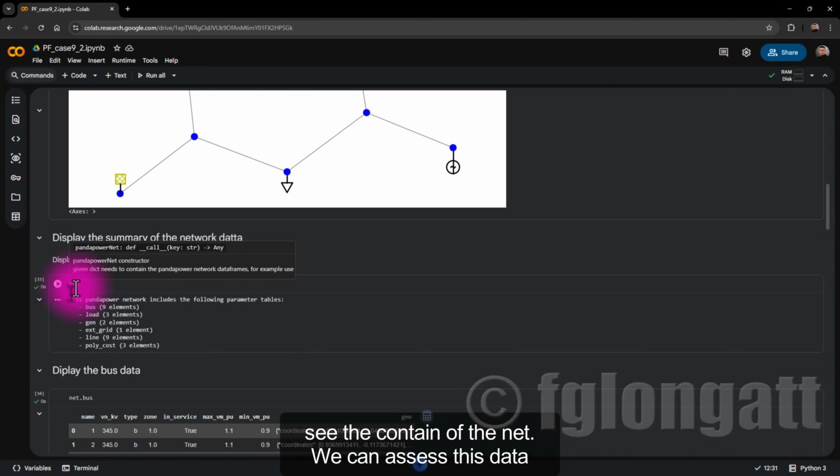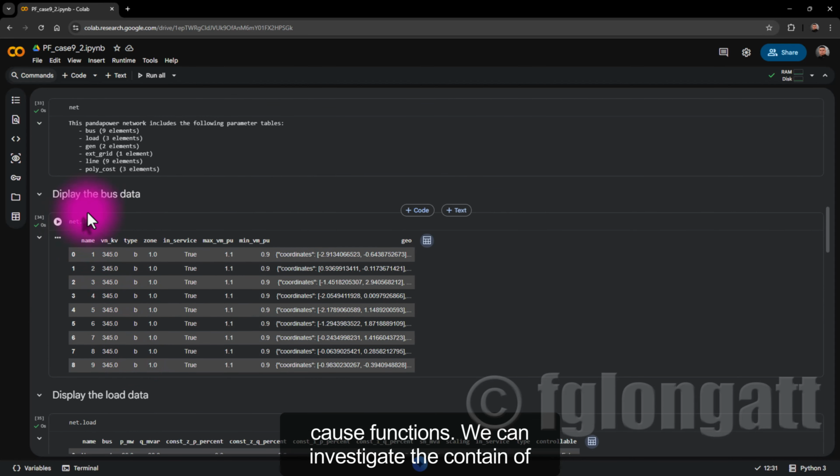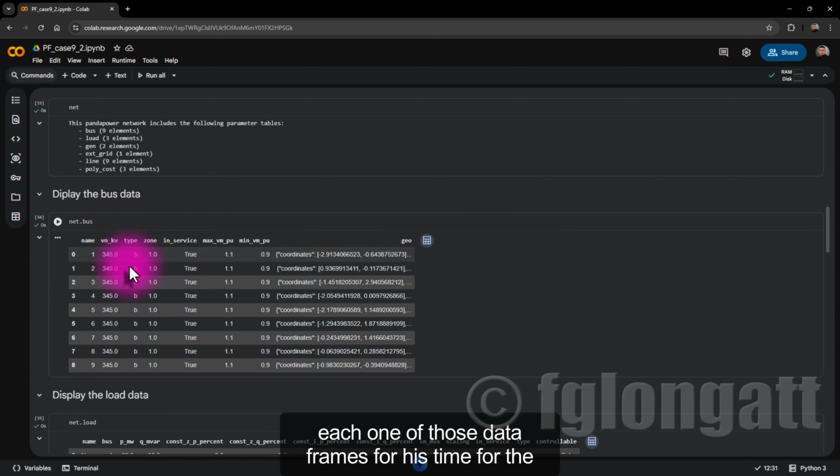We can access this data frame, and you can see 9 bus elements, 3 loads, 2 generators, 1 external grid, 9 lines, and 3 cost functions, okay? We can investigate the content of each one of those data frames.